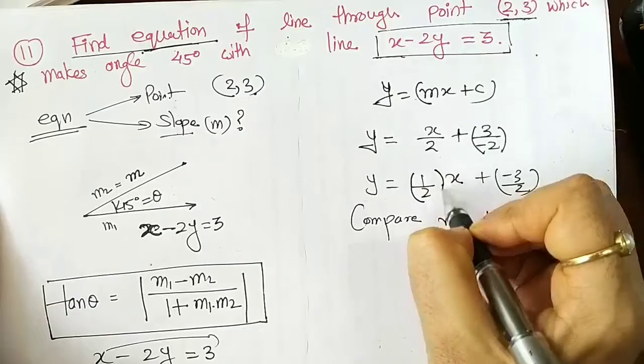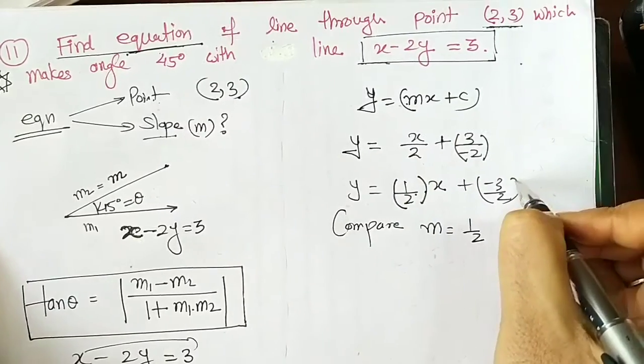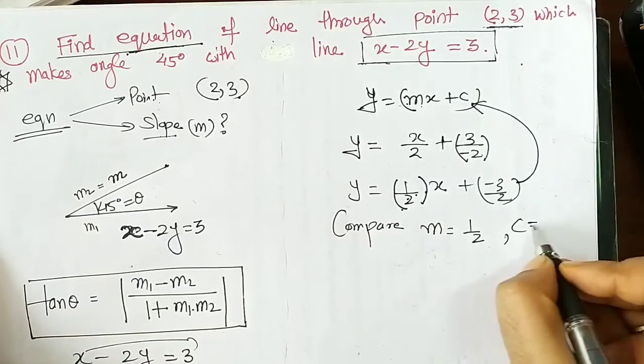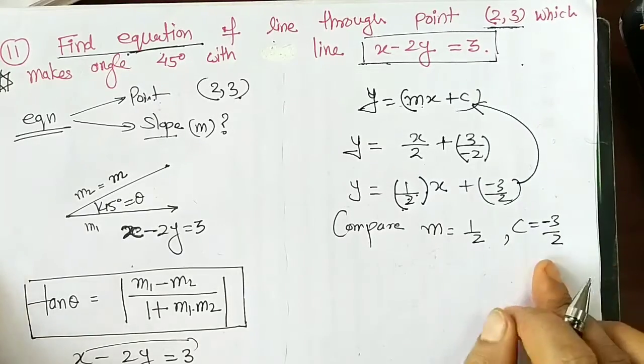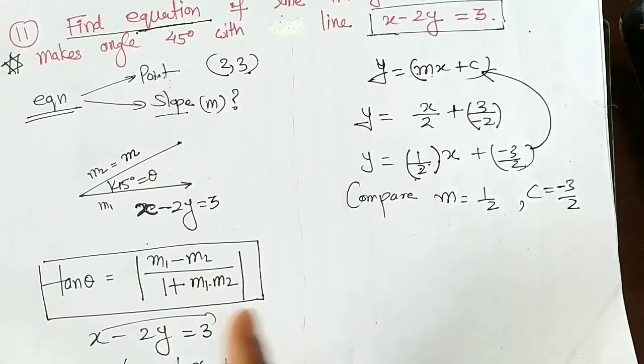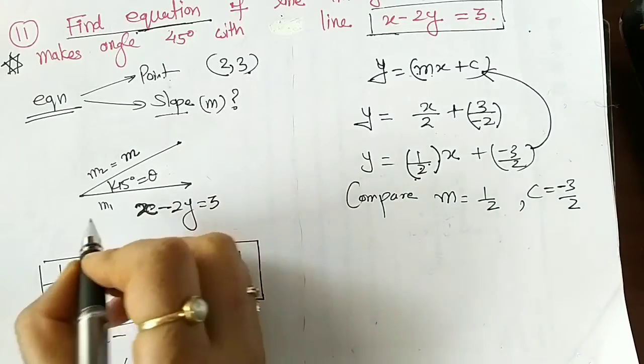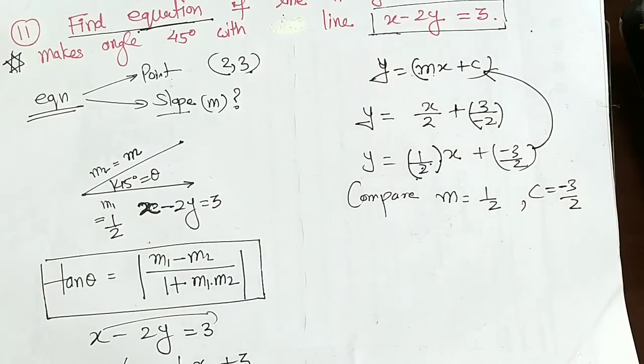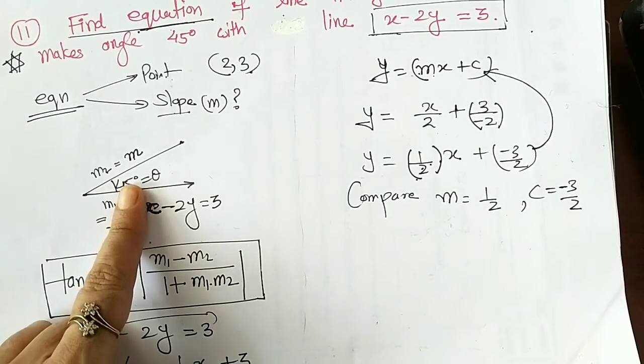See, I am comparing this with this. So m is 1 by 2 and c is minus 3 by 2. c is not required, only m we will use as m1. So my m1 is 1 by 2 and m2 is m, which I don't know, and theta is 45.